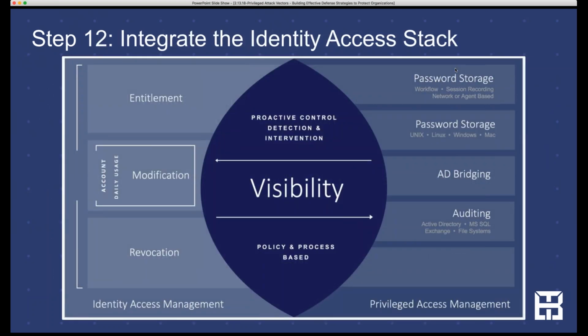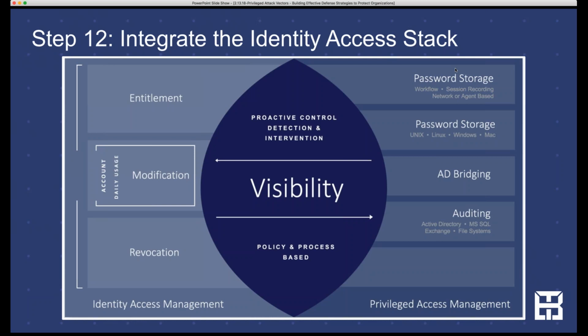Look, it's no secret, privileged access management is a subset of identity and access management. It is that cornerstone, or the Venn diagram subset, of identity and access management that allows privileges to be delegated far beyond what an identity solution or governance solution does.